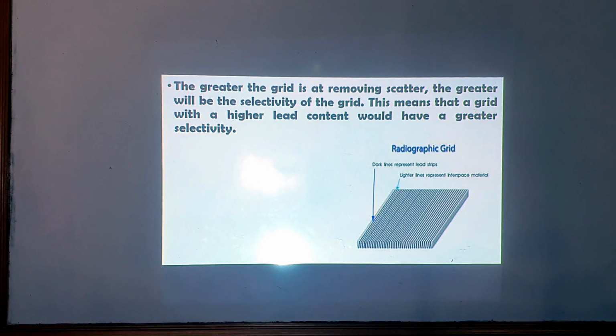The greater the grid is at removing scatter, the greater will be the selectivity of that grid. This means that a grid with a higher lead content would have a greater selectivity.